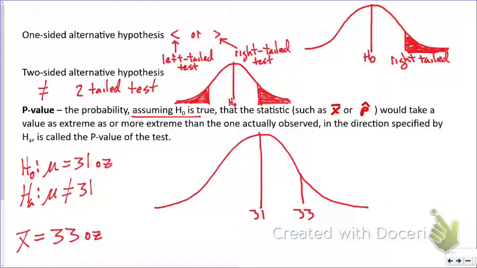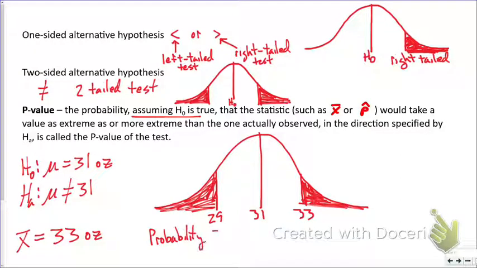I would calculate the area at that value and beyond. We've been doing that all year. But since it's two-tailed, I have to find the area of a value just as extreme as 33. So I would do 29. And the p-value is the probability of, whoops, I'm getting ahead of myself.